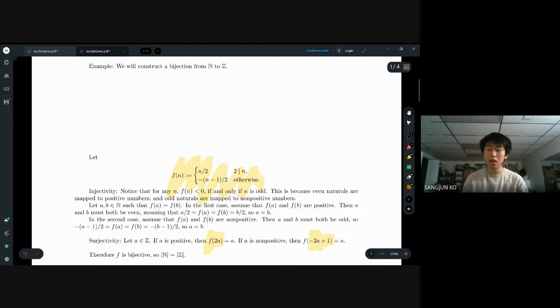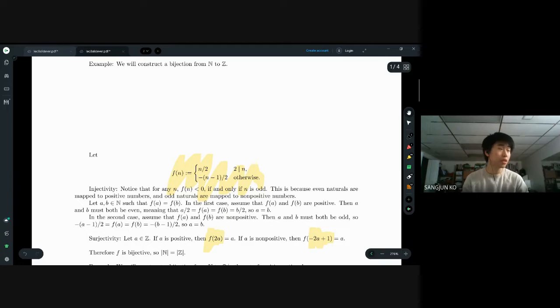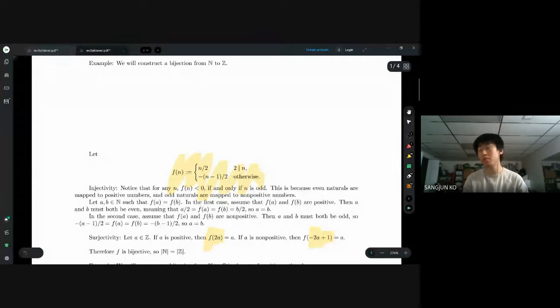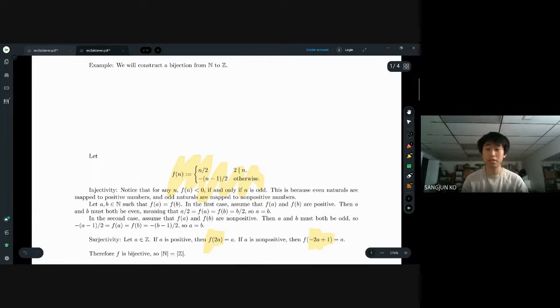Well, we showed that the natural numbers have the same size as the integers. So what's the next step up? The next step up is, of course, the rational numbers. So the question is, is there a bijection between the naturals and the rationals?